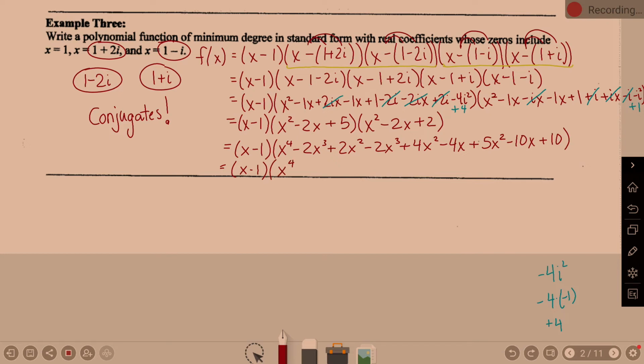Let's see, I know I have an x to the fourth, minus 2x cubed, and minus 2x cubed. It's minus 4x cubed. Plus 2x squared plus 4x squared is 6x squared. Plus 5x squared is 11x squared.